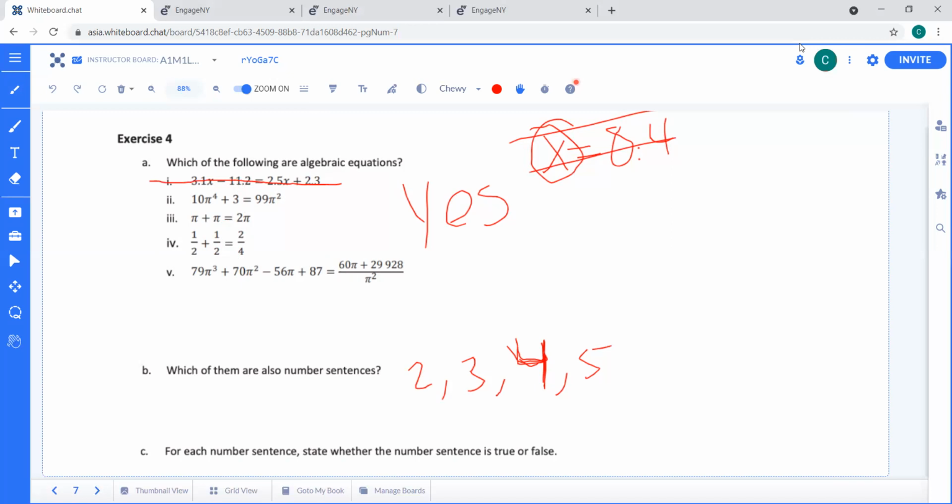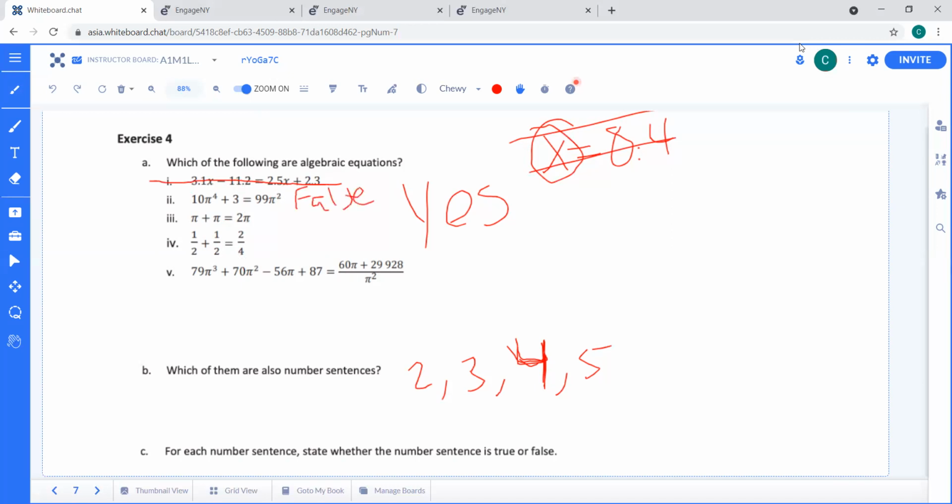Number 2, I don't see how that's going to be true. I'm just going to call that false.